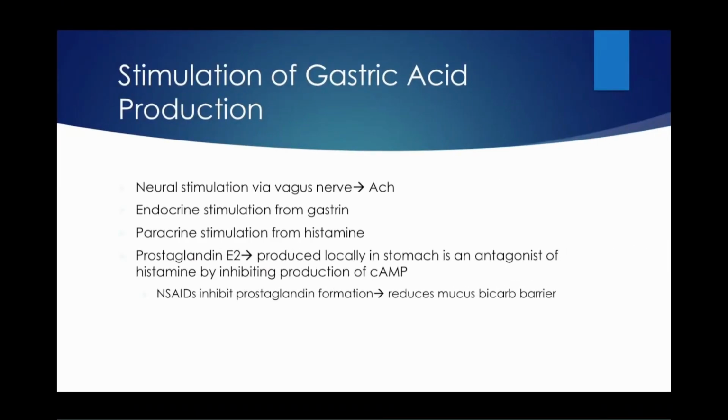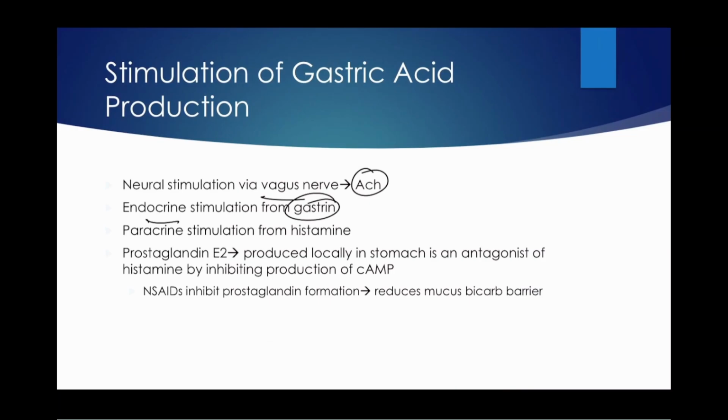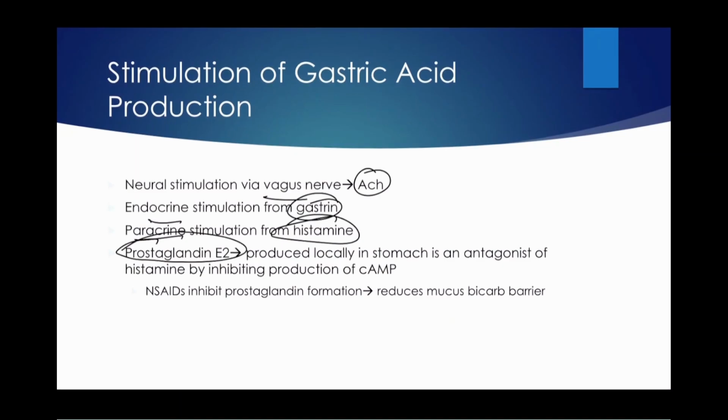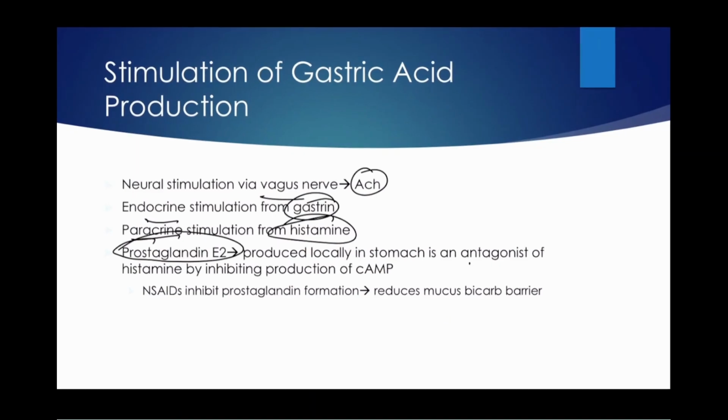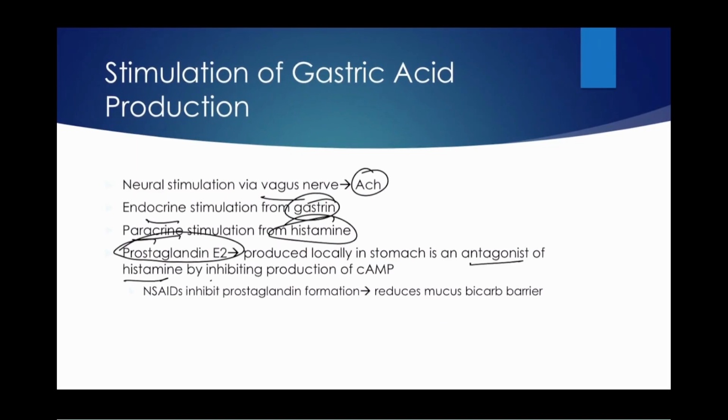Stimulation of gastric acid production: obviously, the vagus nerve with acetylcholine. We get endocrine from gastrin and paracrine from histamine. Now, prostaglandin E2 is an antagonist of histamine by inhibiting production of cyclic AMP. Don't worry about that right now. We'll get to that more in endo when we come to secondary messengers.